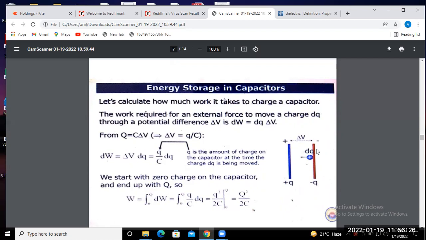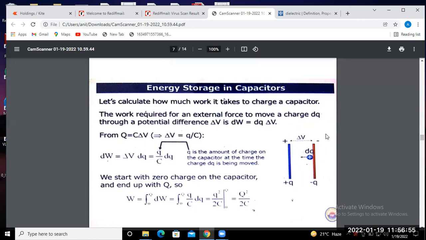So what is the small work done? For the small movement of the charge stored, the potential difference created between the two plates is delta V. The work required for an external force to move a small charge, represented by dq, here positive ions are stored and here negative ions.